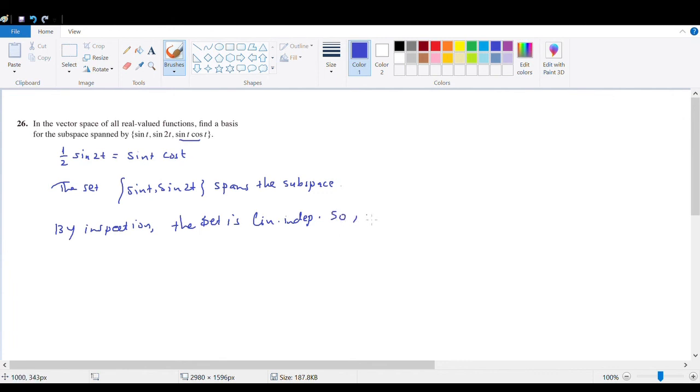So sin t, sin 2t is a basis for the subspace, because there is no relation between them; we cannot write sin t in terms of sin 2t, and similarly we cannot write sin 2t in terms of sin t only. But sin t cosine t we can rewrite as half sin 2t. So we take sin t, sin 2t, and this forms a basis for the subspace.